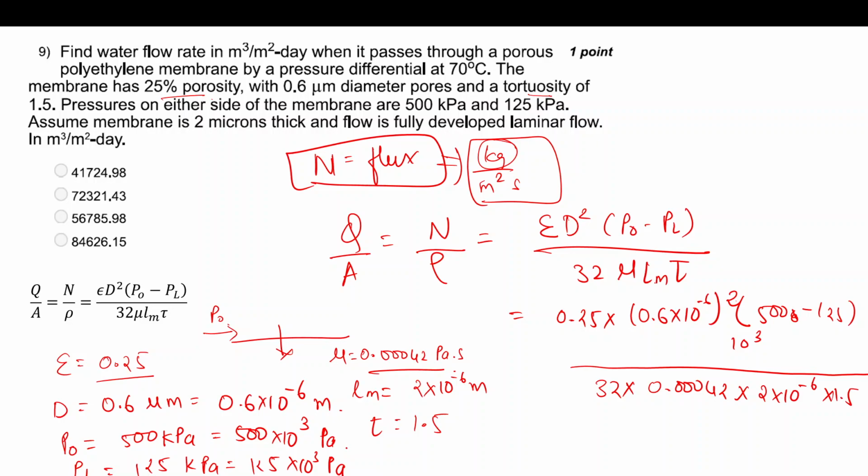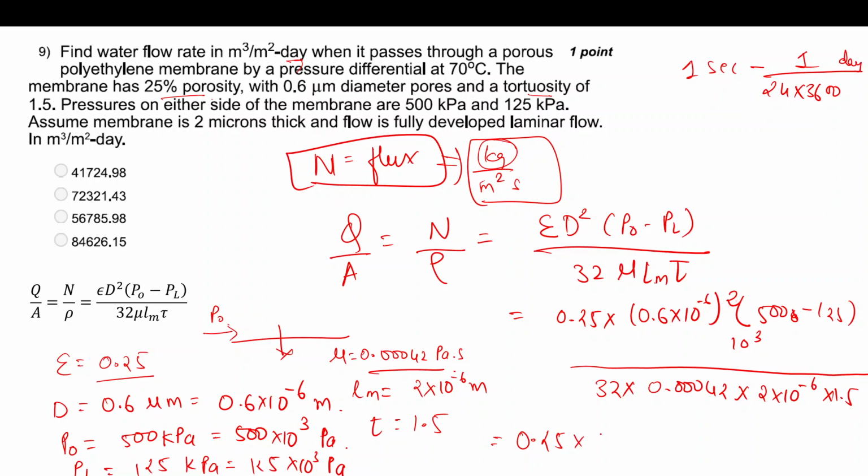Now here everything is in meters, but the flow rate is asked in per day terms, and the viscosity, which represents time, has a second term. So if you want to convert that second into day, 1 second is 1 by 24 into 3600 day, right?